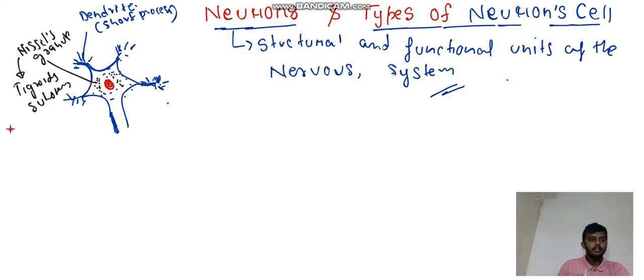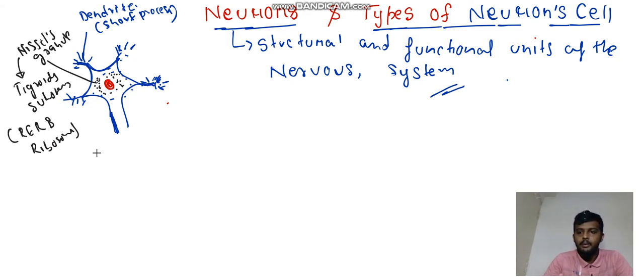The organelles inside the Nissl's granules are rough endoplasmic reticulum and ribosomes. The function of Nissl granules is to make protein when the nerve cell is injured. To heal that nerve cell, the cell is going to form protein, and that protein will be formed with the help of Nissl granules or the tigroid substance.